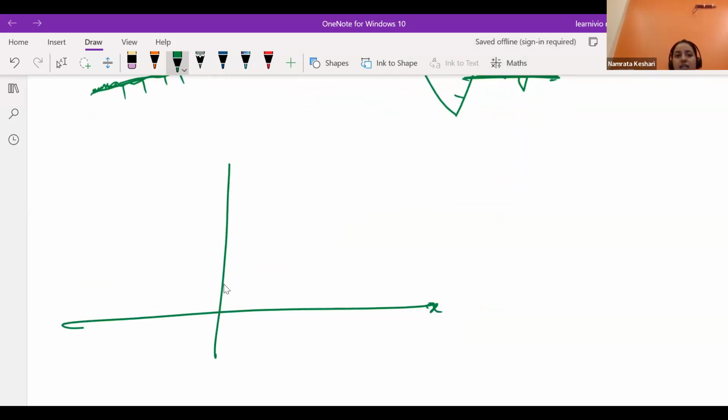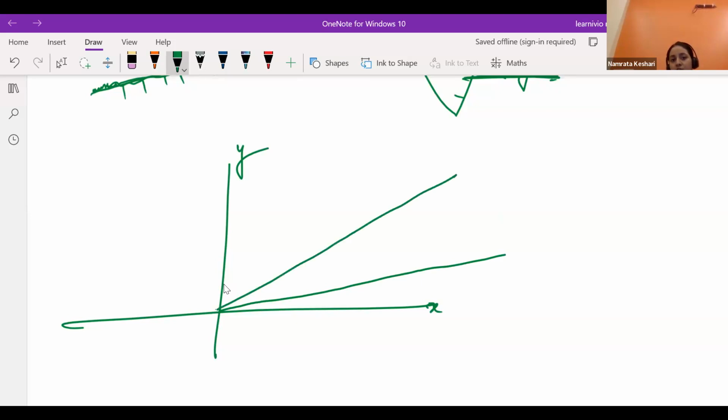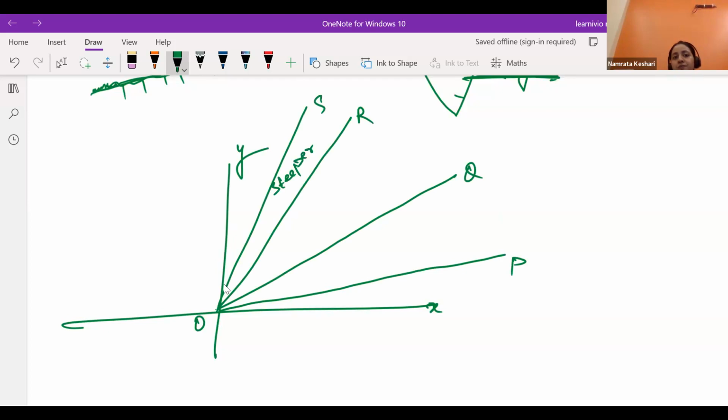This is the x-axis, this is the y-axis. The easier one will be like this, towards the x-axis. If I name the points O, P, Q, R, S, you can see OS is the steepest one over here. Yes or no? So you are understanding the meaning of this terminology, steep.